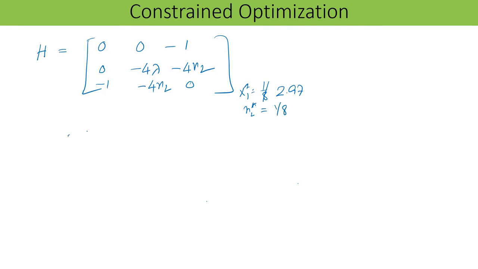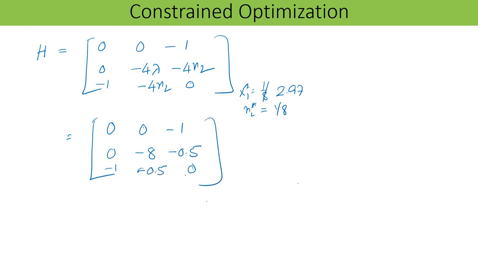If you put it in, then you are getting 0, 0, minus 1, then 0, minus 8, minus 0.5, and minus 1, minus 0.5, 0. And if you check whether it is positive definite, then this is the positive definite matrix, and therefore the solution is a minimum.